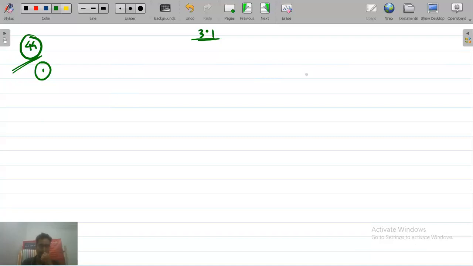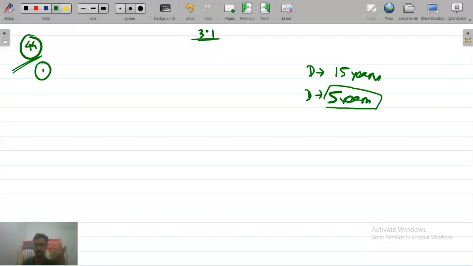Suppose Dibjyoti's age is now 15 years. What will be his age 10 years ago? It will be 5 years. 10 years ago, his age was 5 years.